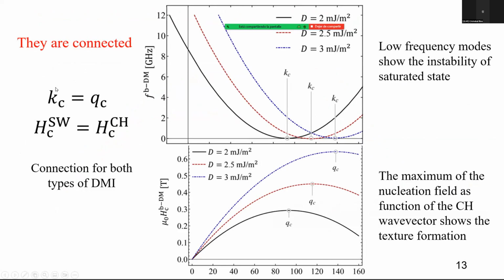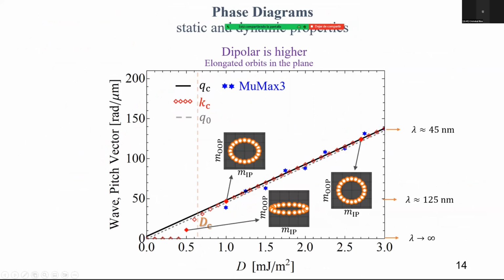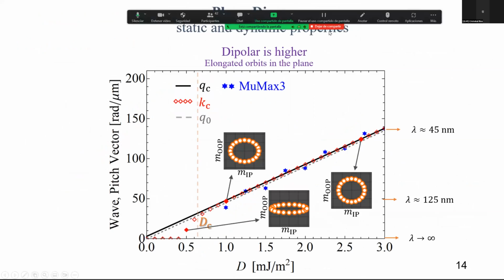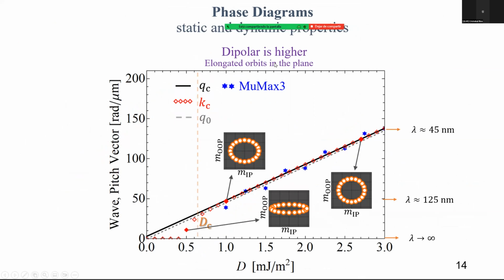It matches the wave vector of both theories, and also matches the critical field in both theories. So we created a phase diagram to compare the static and dynamic properties of the system. The black solid line is the conical helix wave vector calculated with the static properties, with the conical helix model.